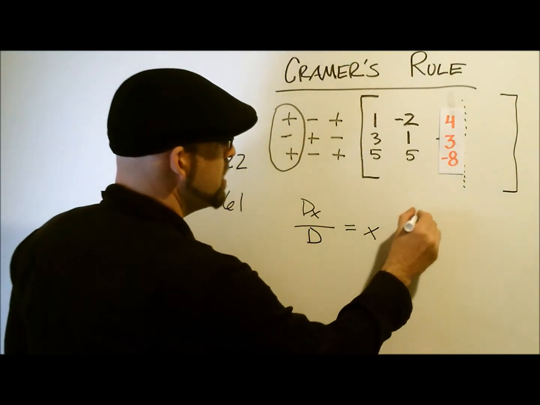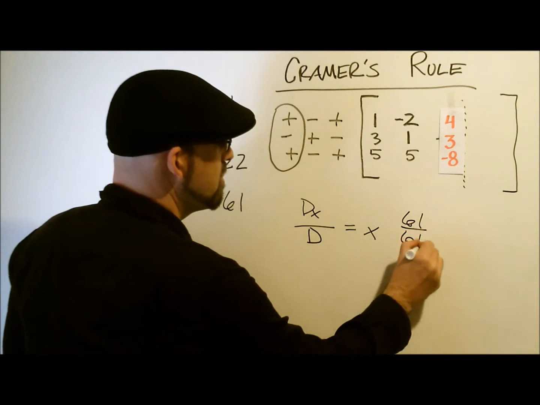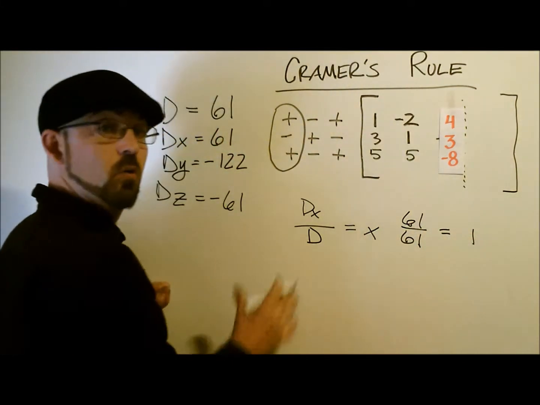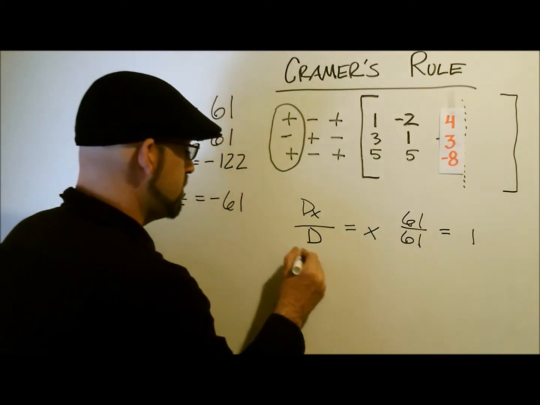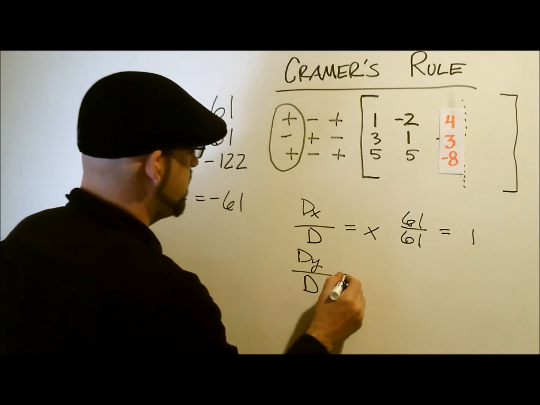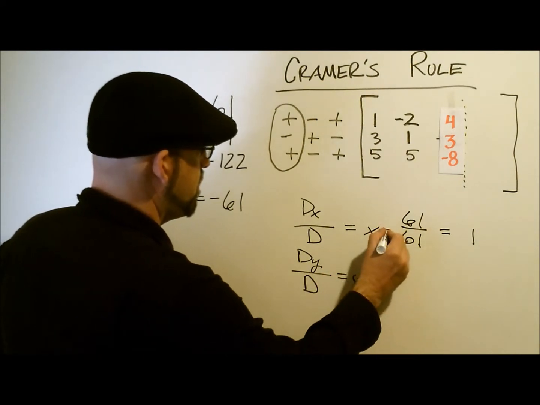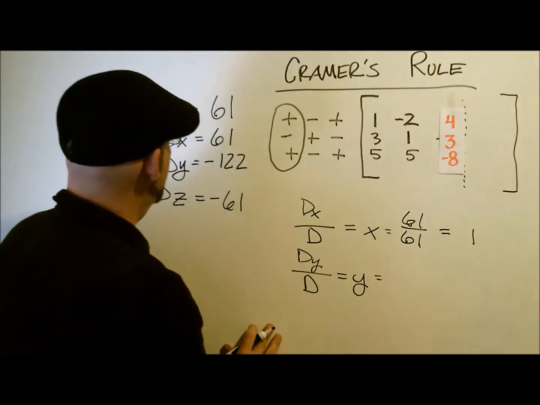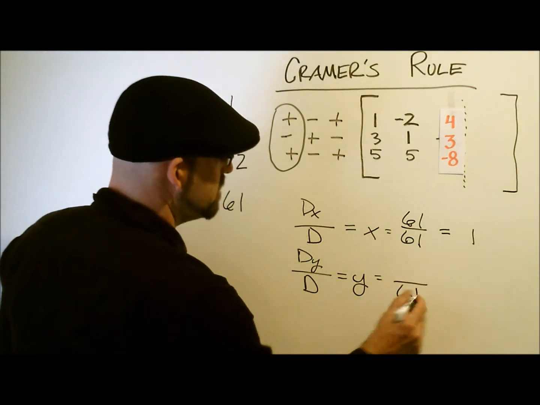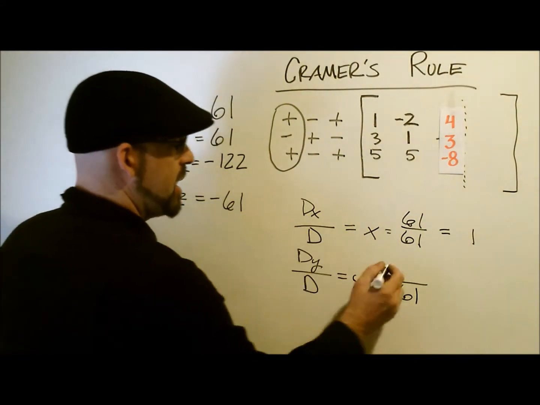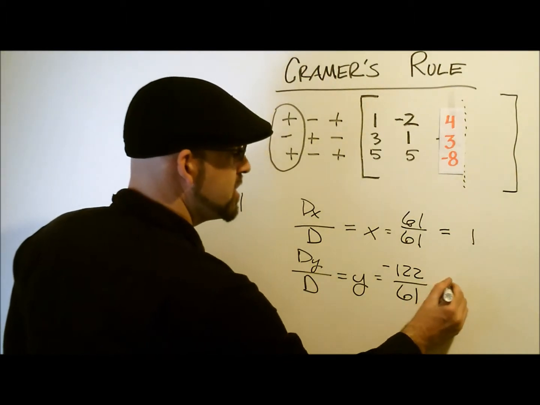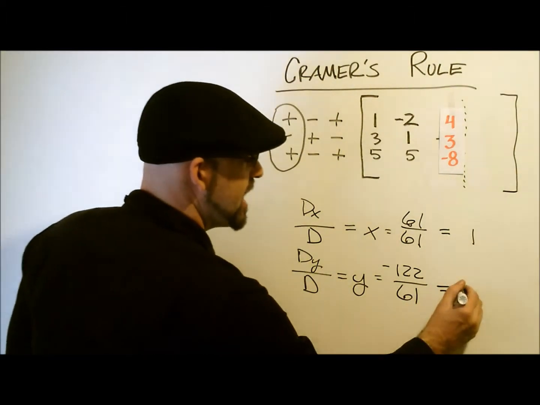So we have 61 over 61. That means x equals 1. What about y? Well, our overall determinant is still 61. Our y determinant, however, is a negative 122. That means our y solution is a negative 2.